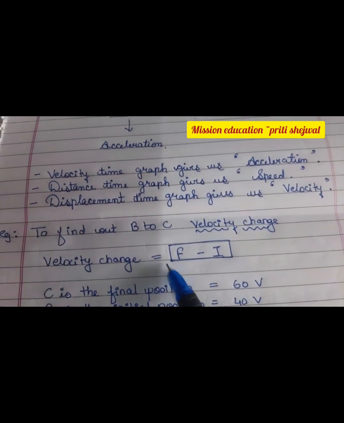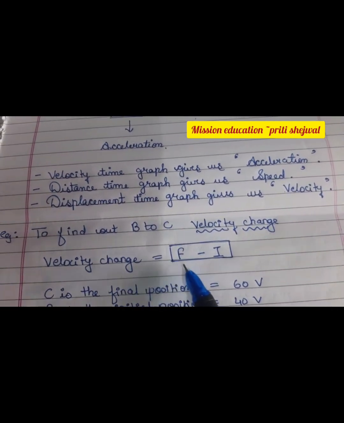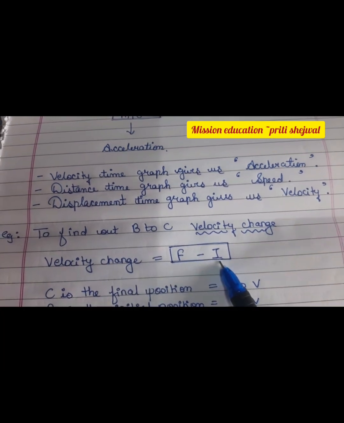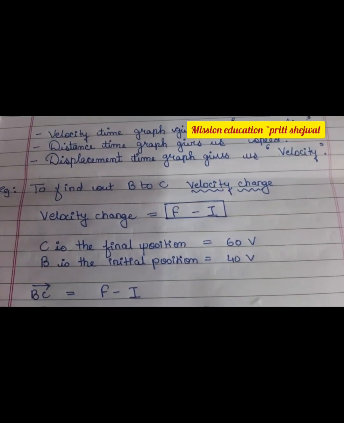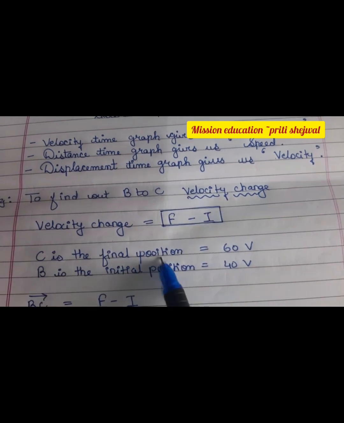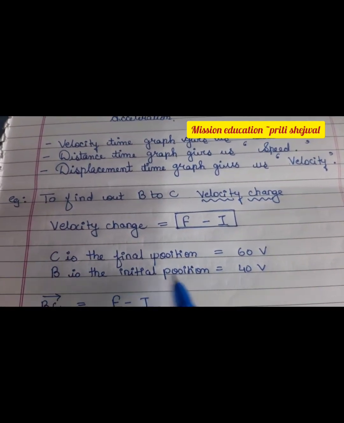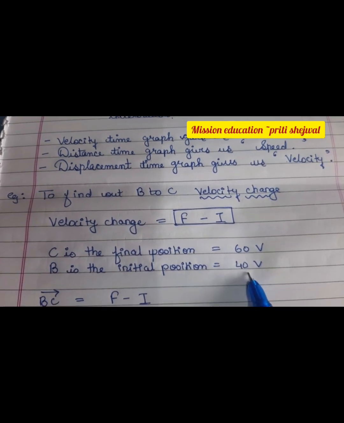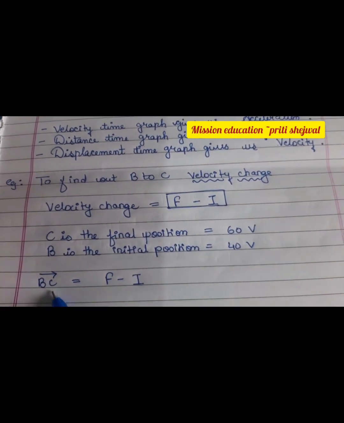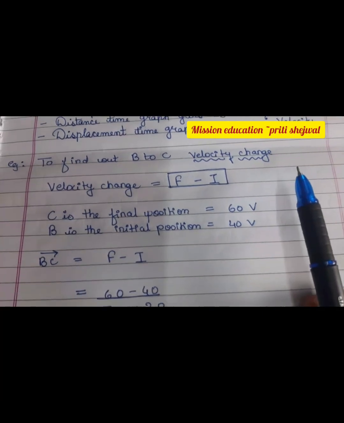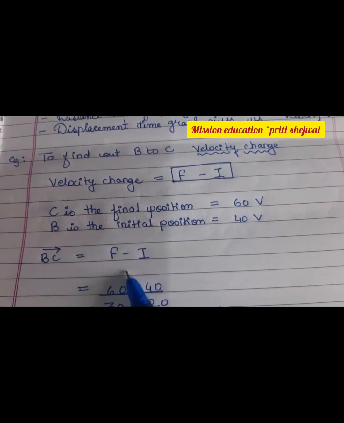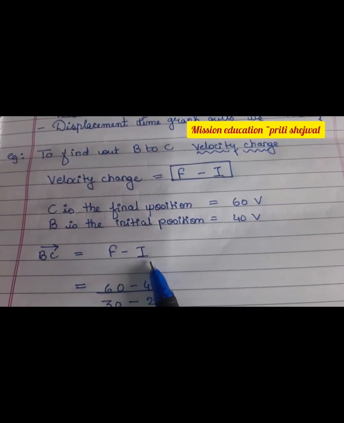Velocity change is equal to final position minus initial position. Here C is the final position, the velocity is 60. B is the initial position, the velocity is 40.